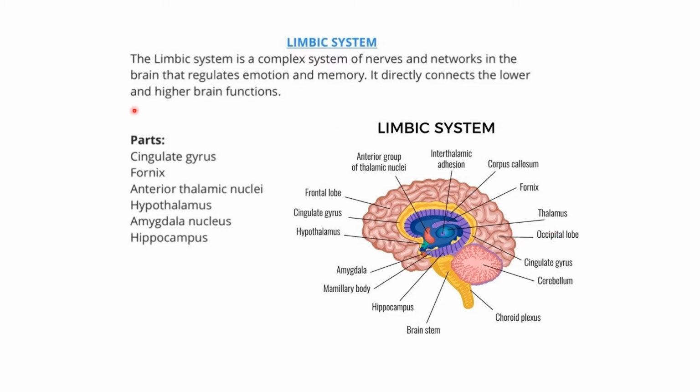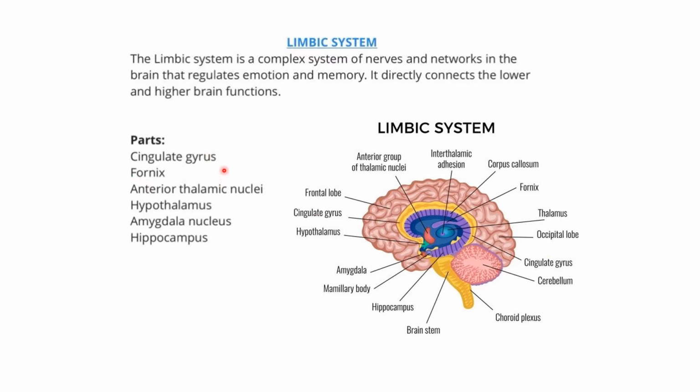The limbic system directly connects the lower brain functions with the higher brain function, which is the forebrain, and which makes us more conscious of the different stimuli.